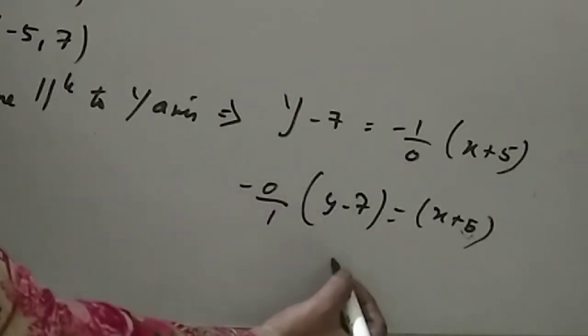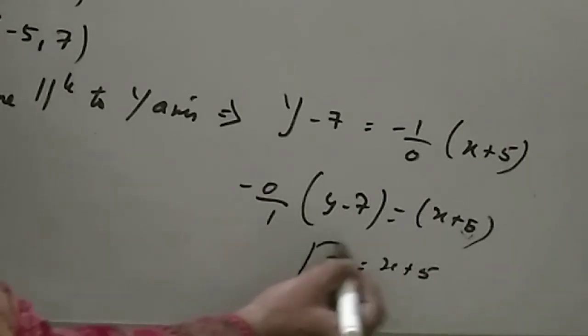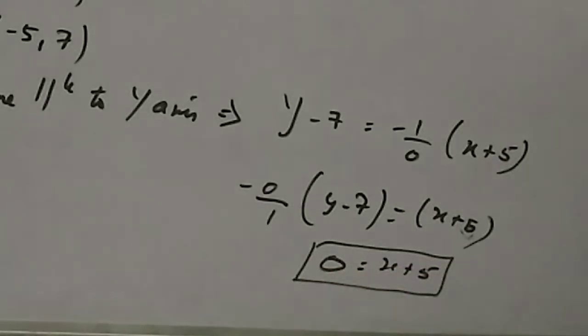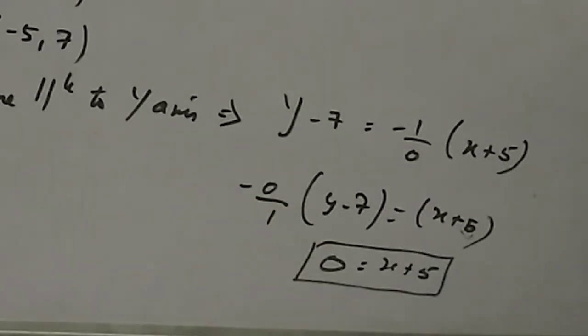Whatever you get, it will become 0 only. 0 is equal to x plus 5. This is the equation of a line parallel to the y-axis. 0 is equal to x plus 5. That is the equation of a line parallel to the y-axis.